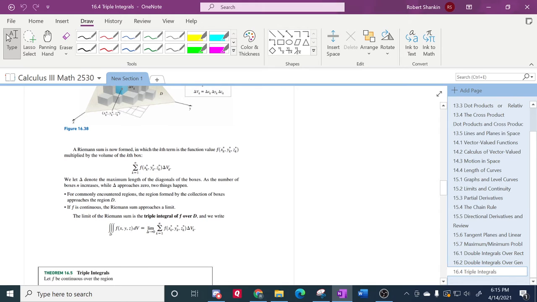And then, from this definition, which is just the 3-space analog of what we did in 2-space, you get this turning into this.